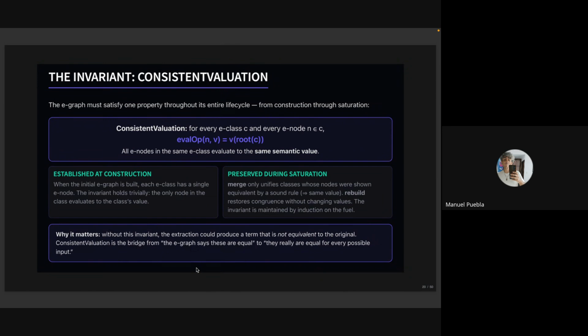This is an invariant that is going to be present throughout the whole algorithm, the whole protocol of equality saturation. This needs to be preserved. It's present at construction, where we build the e-graph, and it's also present during the saturation process.